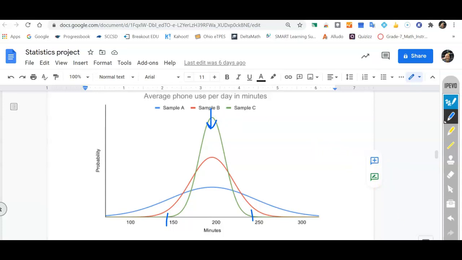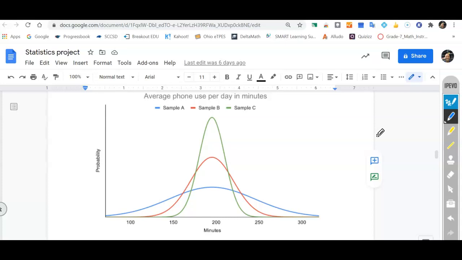So what does this tell me? The blue could spend the most time on their phone because they have, based on some data right here.